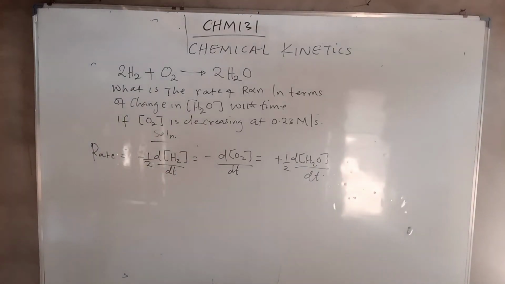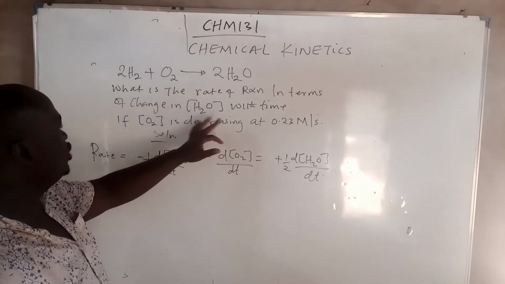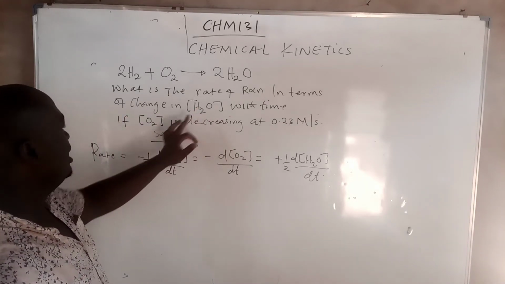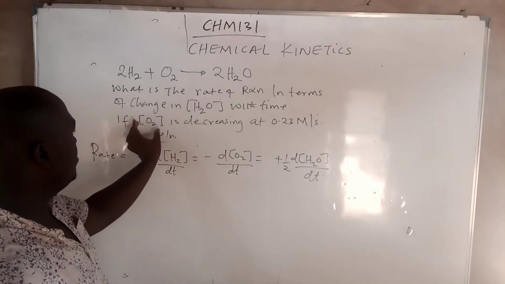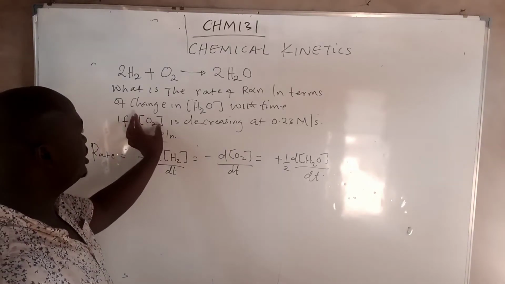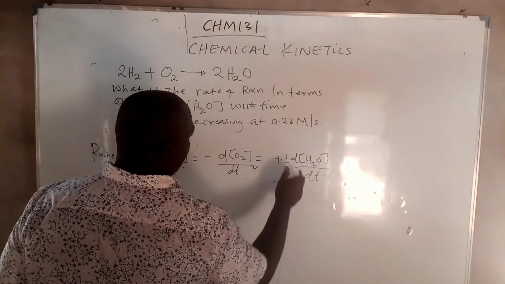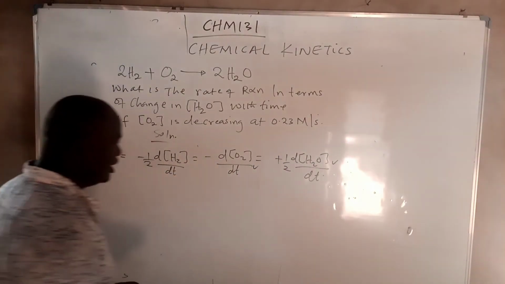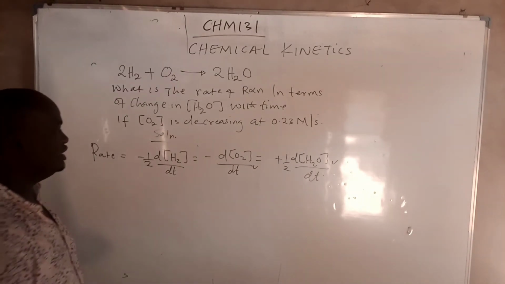Now, we already have the initial rate. Now, let's concentrate. What is the rate of reaction in terms of water? And they gave you the concentration of oxygen to be this. So, you have oxygen. Now, what they want is that of the water. And remember, I said the rate of appearance is equal to the rate of disappearance.